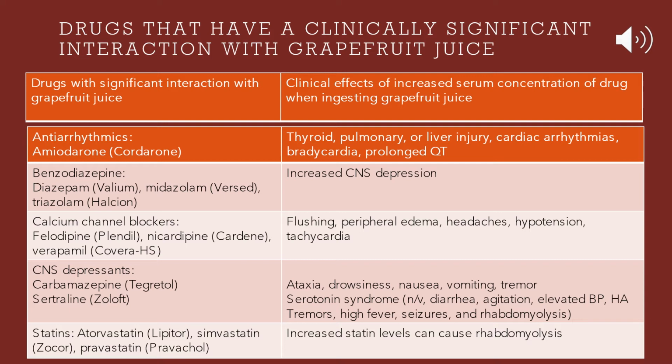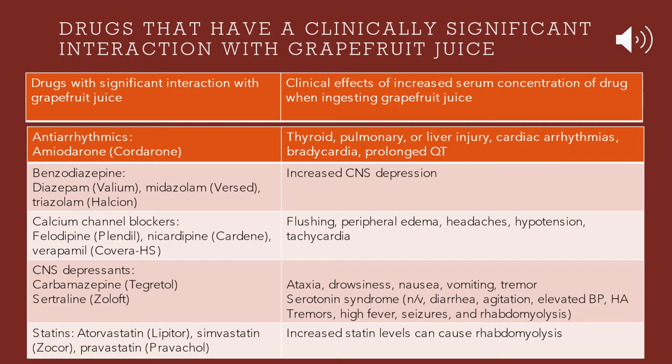Antiarrhythmics here, see amiodarone, and the clinical effects on the right hand side: thyroid, pulmonary, liver injury, cardiac arrhythmias, bradycardia, prolonged QT syndrome. There's another one, not that commonly used, quinidine. Clinically, you'll see torsades de pointes.